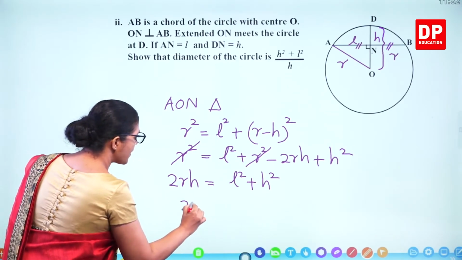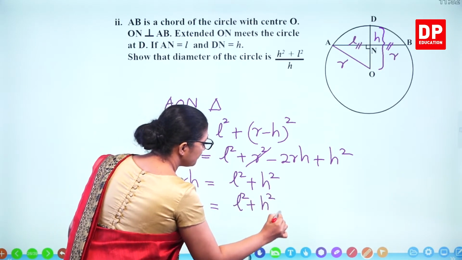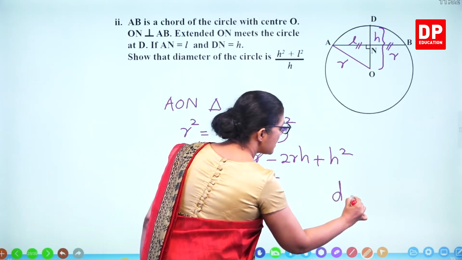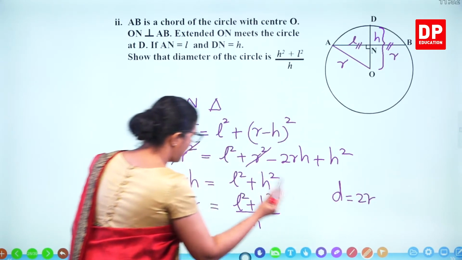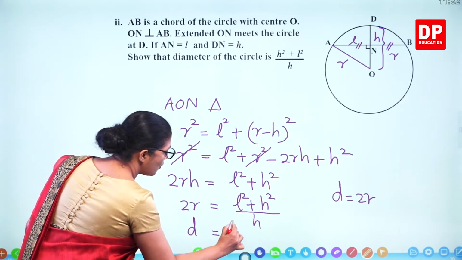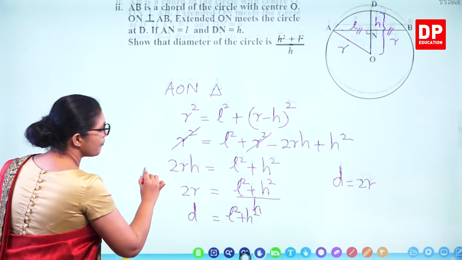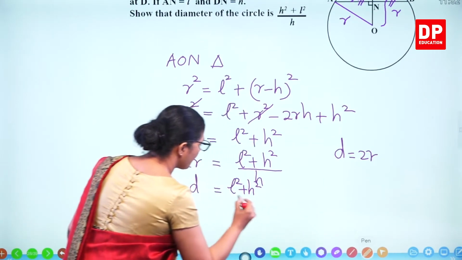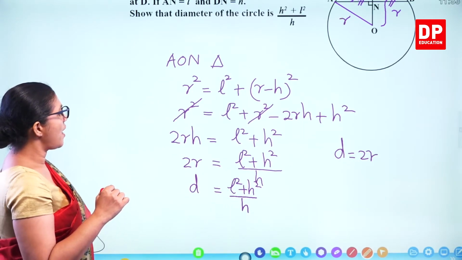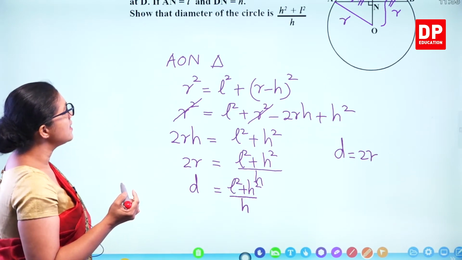We'll keep 2R here and divide by H. Now what is 2R? Diameter is 2R. So instead of 2R we can put diameter. So that's the final answer. H squared plus L squared over H is the diameter of the circle.